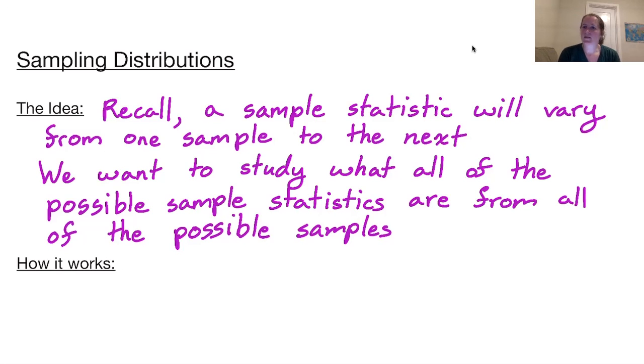And so we can study what is common, what is rare, just like we studied distributions of data earlier in the semester.